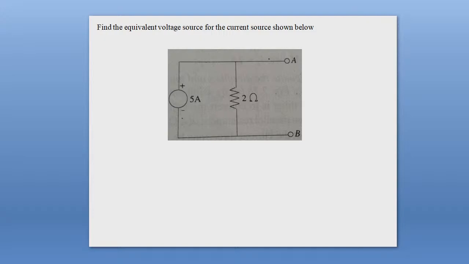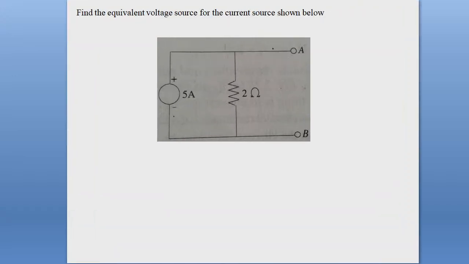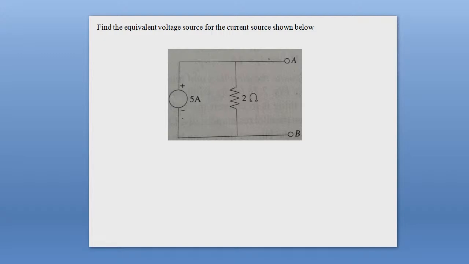So the first step is to calculate the voltage drop across the open terminals A and B, which is nothing but the voltage drop across the resistance of 2 ohms. So everyone first calculate the voltage drop across the 2 ohm resistance.